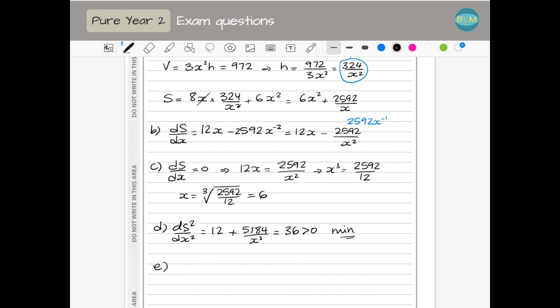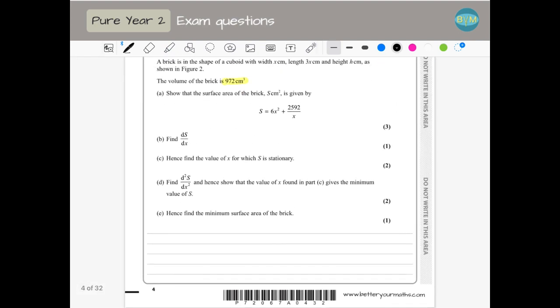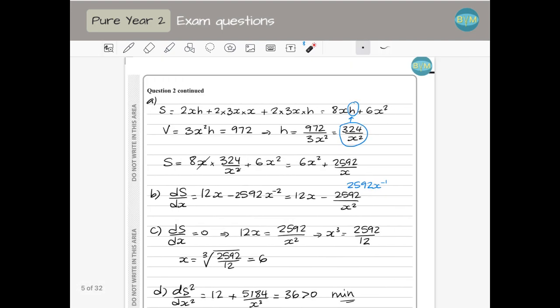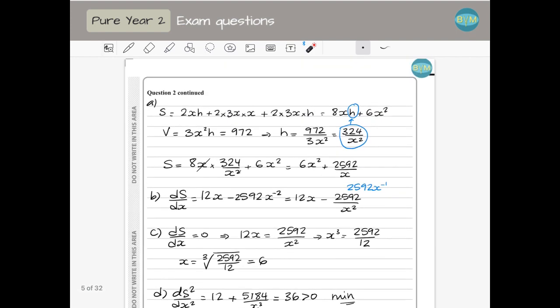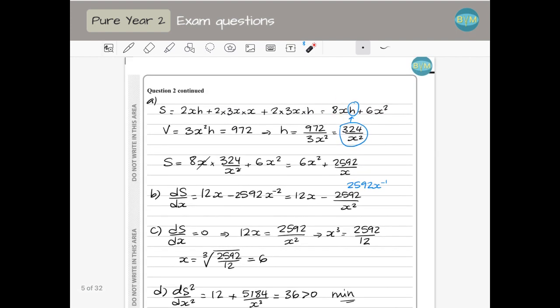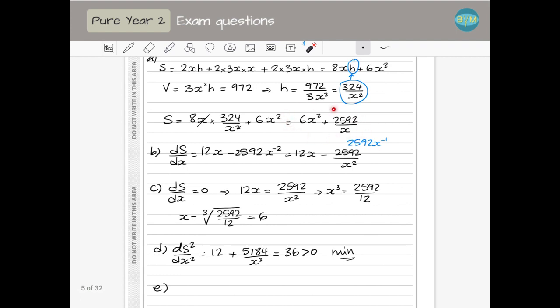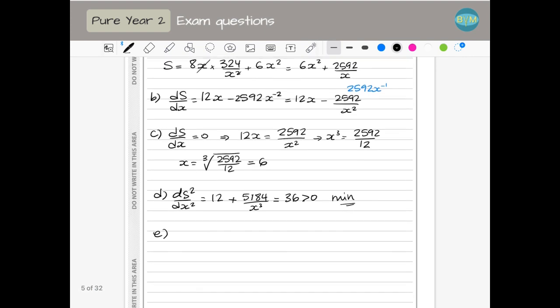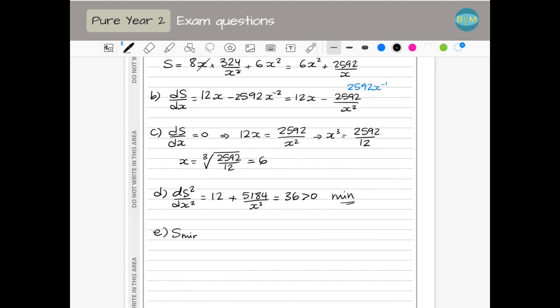And then the last part, they are going to ask about that value. So hence, find the minimum surface area. We are going to substitute into the surface area, which is this one without the h, so we don't need to find h, x equals 6. If we make in this formula of the surface area x equals 6, we are going to find the minimum surface area. It's going to be 6 times 6 squared plus 2,592 divided by 6.